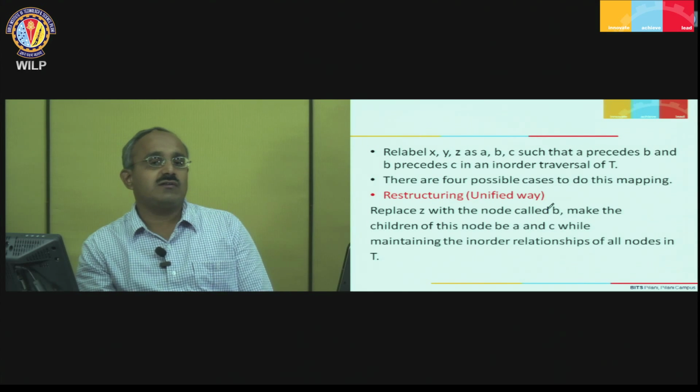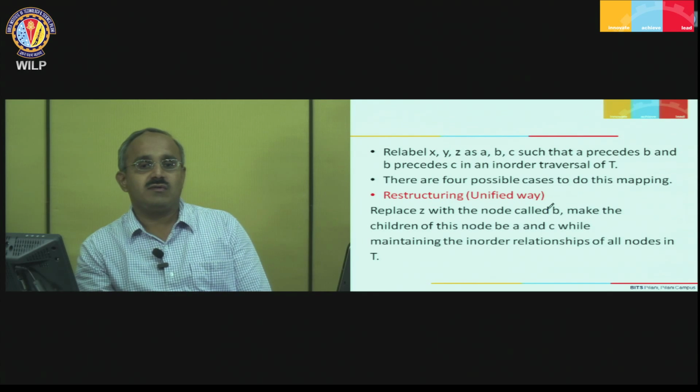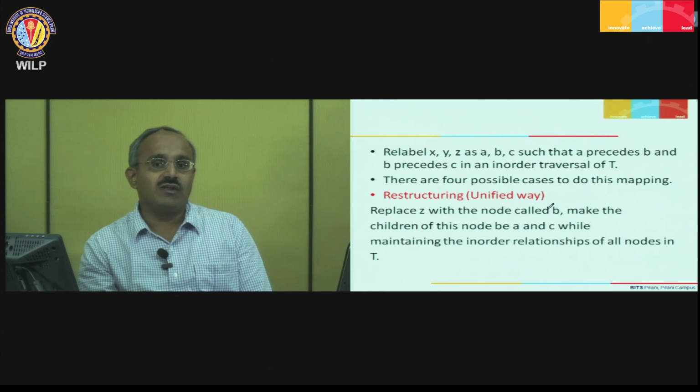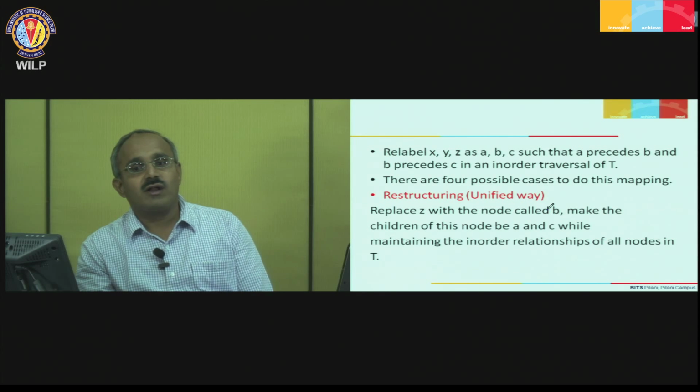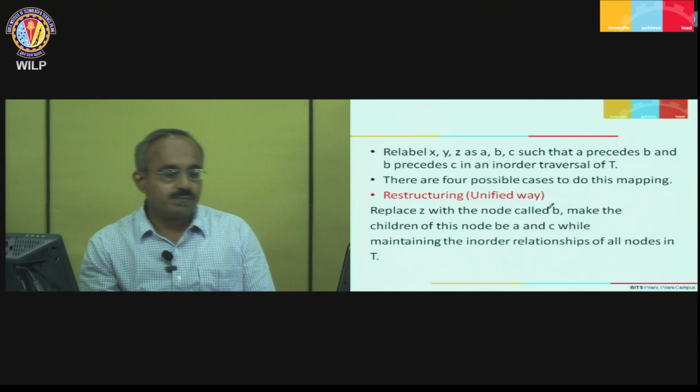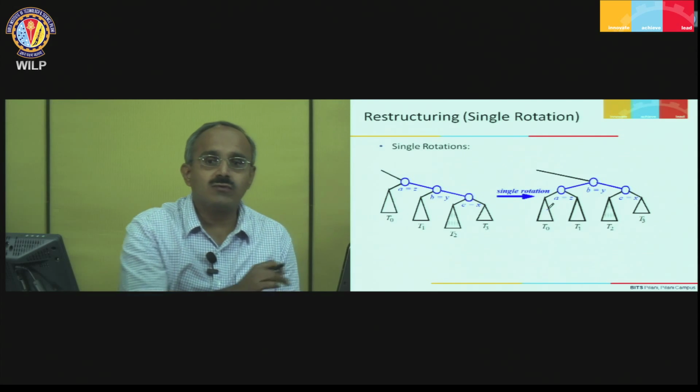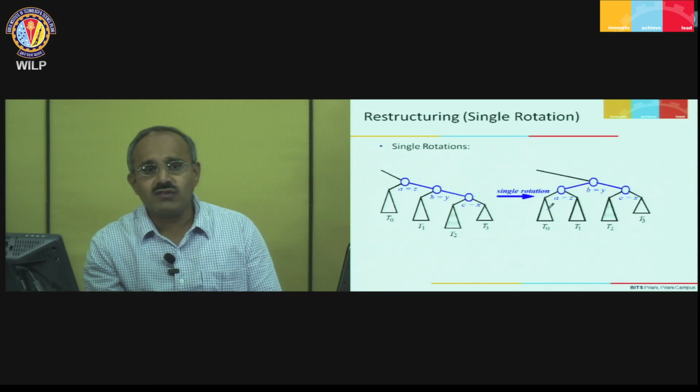Our restructuring policy is going to be the same for all 4 cases, and the policy is we are going to replace z with the node called B, make the children of this node as A and C, and see that the in-order traversal relationships of T are maintained. So, let me look at the 4 cases first.